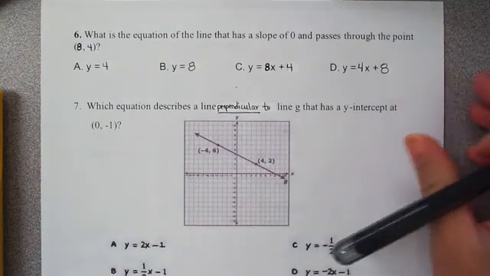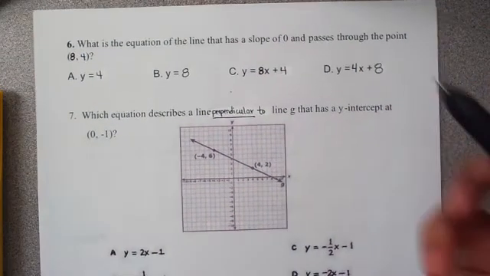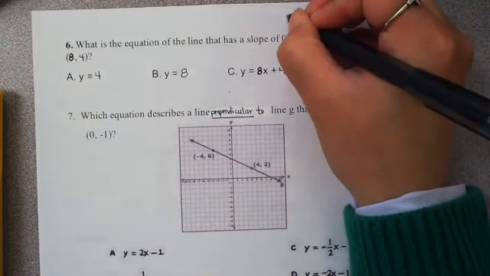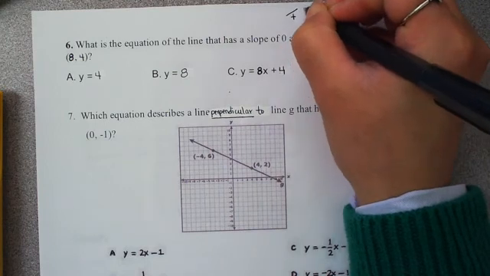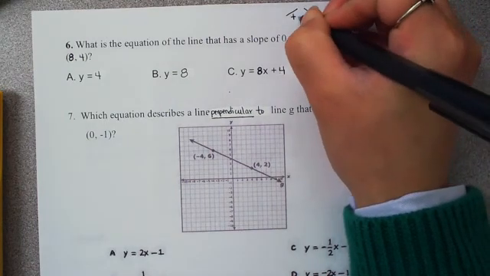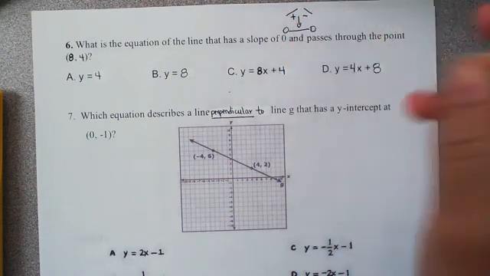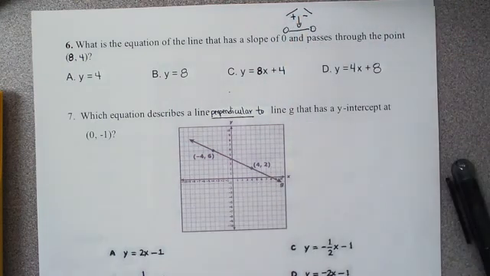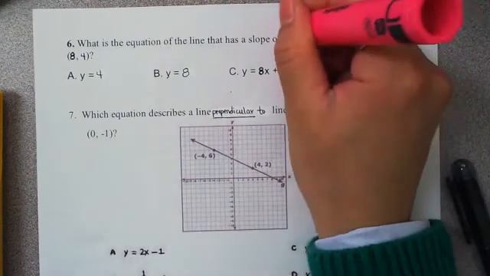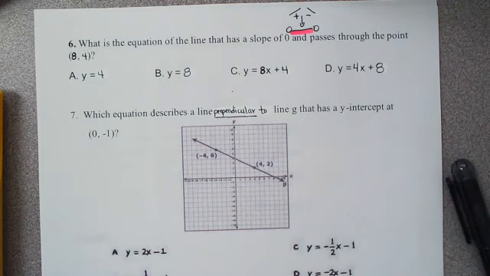Okay, number 6. What is the equation of the line that has a slope of 0 and passes through the point 8, 4? Well, if I think of Mr. Slope Guy, that's a positive slope, that's a negative slope, that's an undefined slope, and this is a 0 slope.